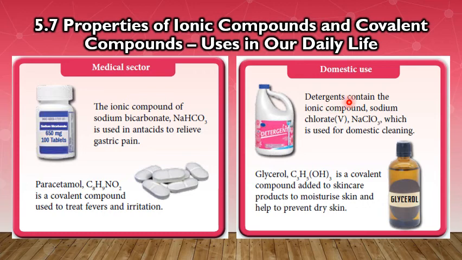For domestic use, detergents contain the ionic compound sodium chlorate, which is used for domestic cleaning, and glycerol is a covalent compound added to skincare products to moisturize skin and help prevent dry skin. Those are examples of the uses of ionic and covalent compounds in our daily life.